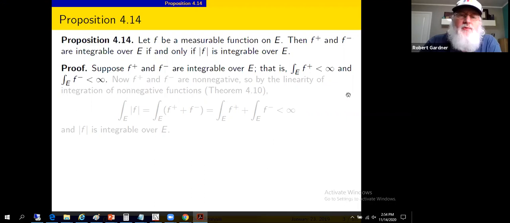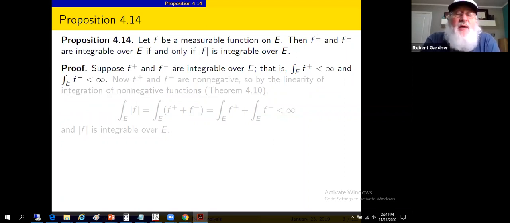Several of the proofs are not too hard in this section. We've got a pretty good amount of theory behind us, so we've got a lot of equipment to use in this section. For a proof, it's an if and only if. So suppose the positive and negative parts are integrable over E. That means the integral of the positive part over E is finite, and the integral of the negative part of f over E is finite.